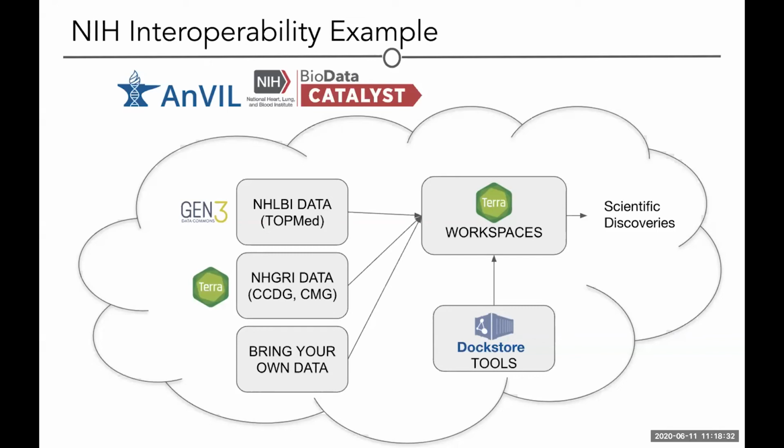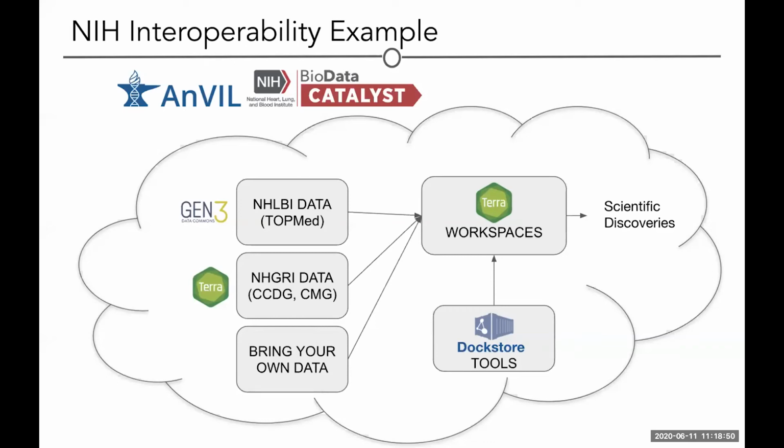They use similar platforms to what you're learning about today, and they have the same model of an ecosystem of connected tools and platforms that allow the researcher to do their work in the cloud.